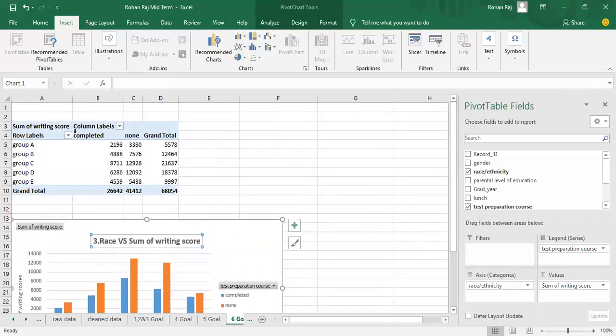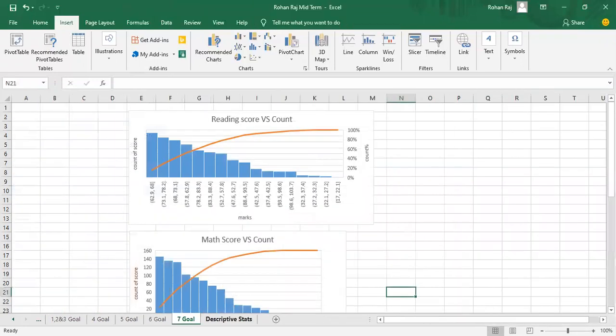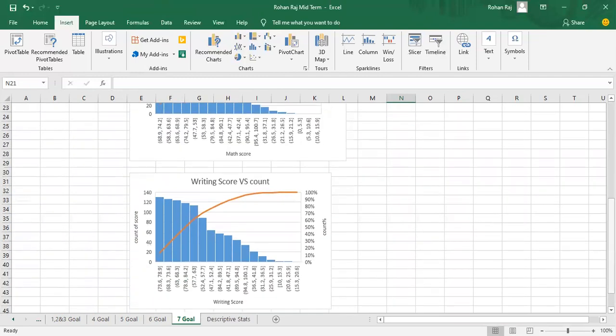And you can see the completed and the non test score over there. And the next goal would be the reading, math, and the writing score where you can see.